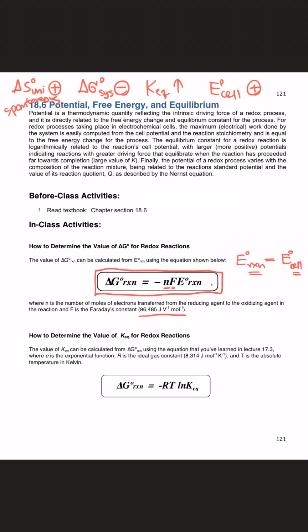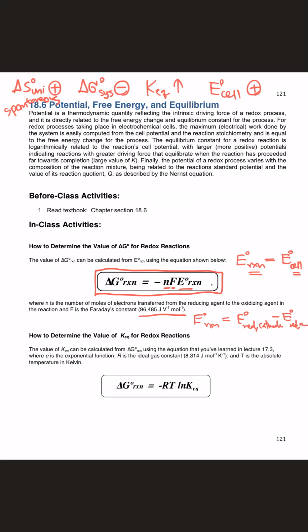And you can find out the standard reaction potential by using the standard reduction potential that we learned earlier, which is the standard reaction potential would be equal to the difference between the standard reduction potential of the cathode minus the standard reduction potential of the anode.